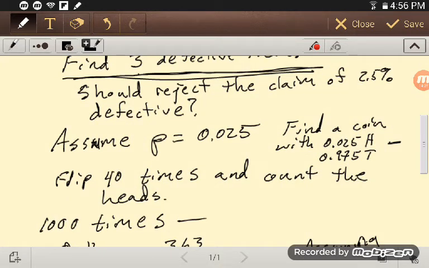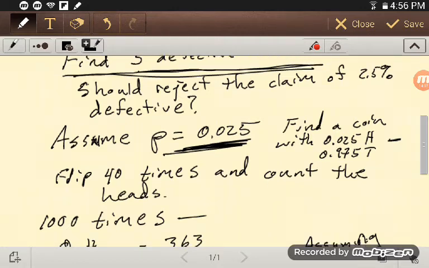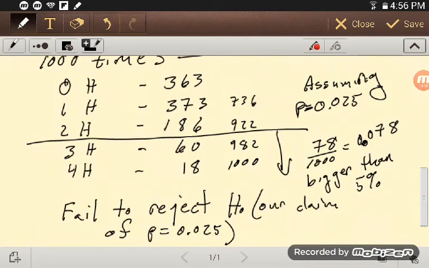When we check, well, how likely could this have been true, our 0.025? How likely could that have been true, and we still got 3 defective items? Well, we go down, we check that out. We say, okay, well, let's assume that. Then what happens if we assume that?